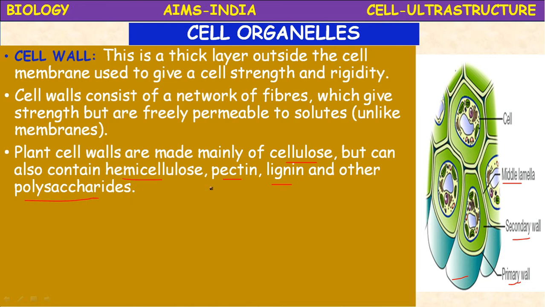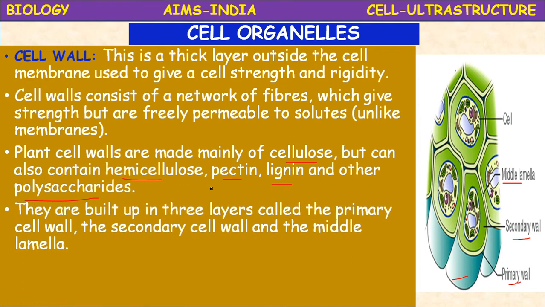Different parts of the plant cell wall are composed of different chemical substances. One is common, that is cellulose. The remaining are hemicellulose, pectin, lignin, and other polysaccharides. Polysaccharides means complex carbohydrates. Cellulose is a polysaccharide only.